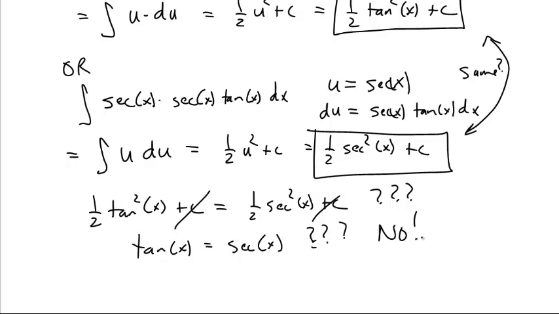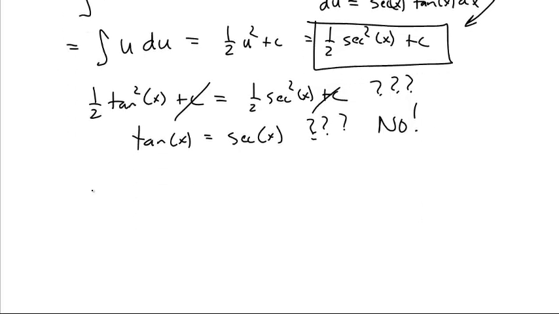What went wrong? Here's what went wrong. You know that the sine squared of x plus the cosine squared of x is 1. This long-standing trigonometric identity is basically the Pythagorean theorem.